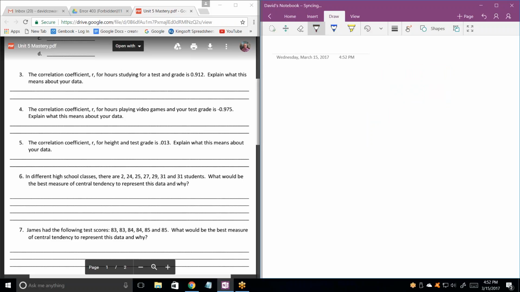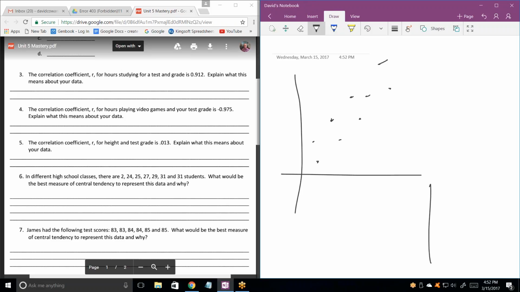Okay, well, let me draw a couple of curves. I got that curve, and down here, I got this curve. Now, either of those scatter plots, I can approximate a line. If I approximated a line here, it would probably be that.